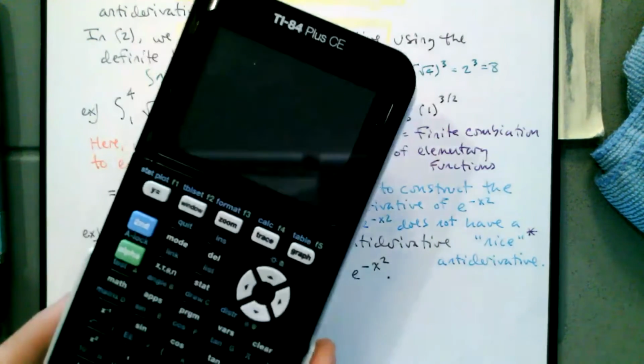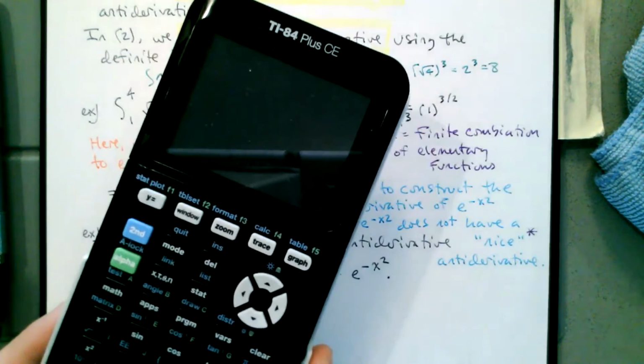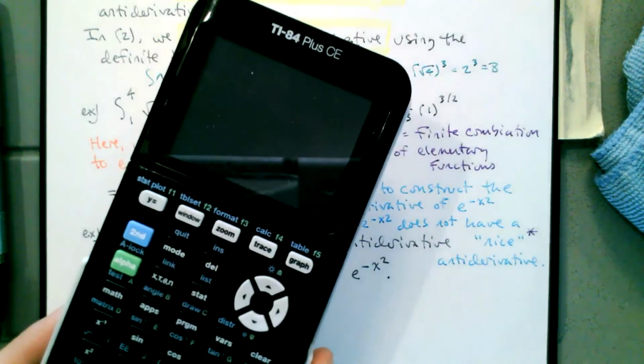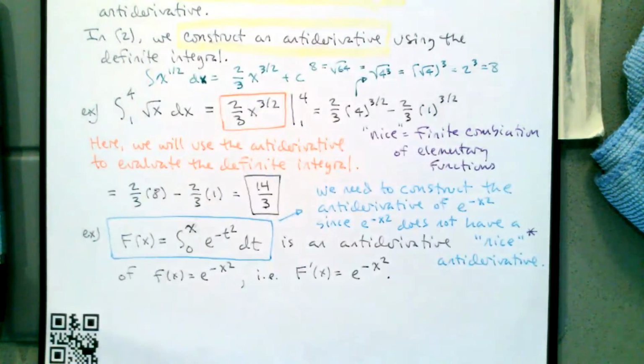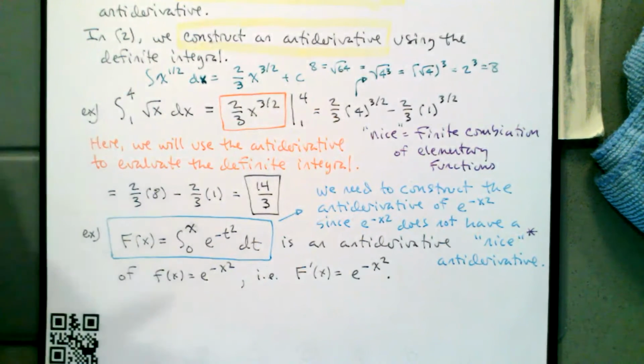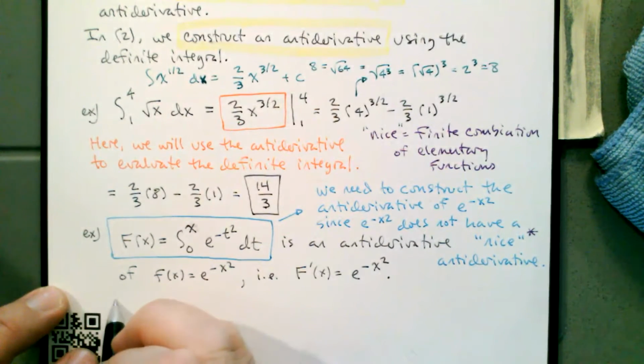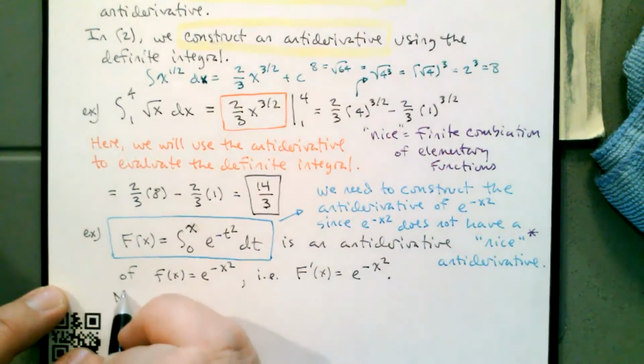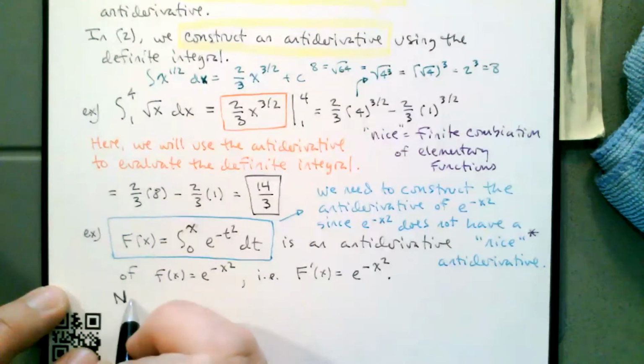Even with a very small amount of computing power, we can approximate definite integrals to 12 decimal places. That is a lot. So we can now approximate the value of this antiderivative function to any degree of accuracy. And that's why this construction portion is important.